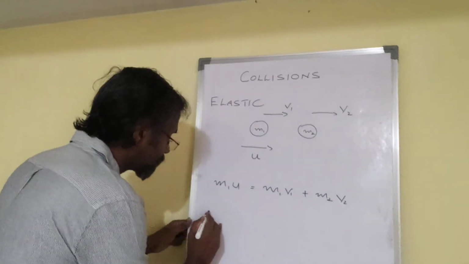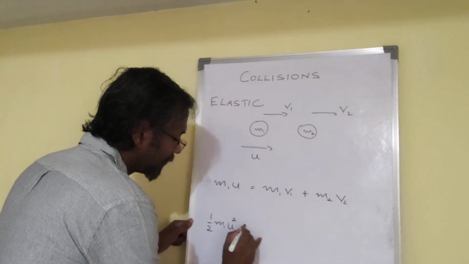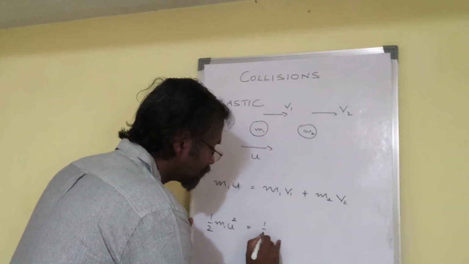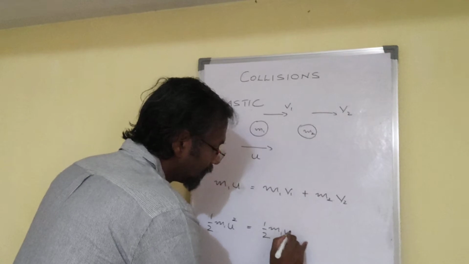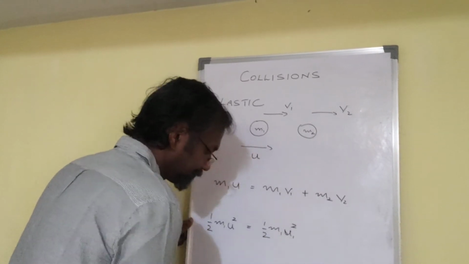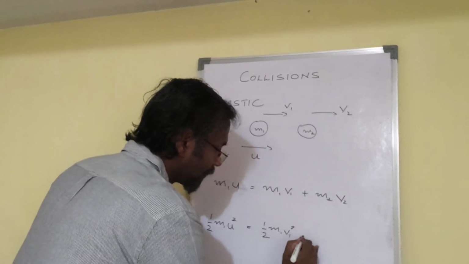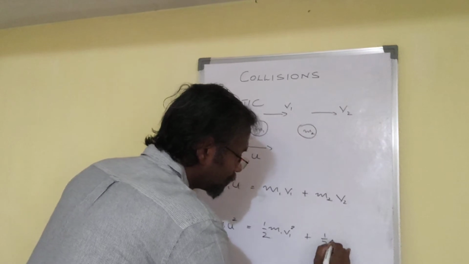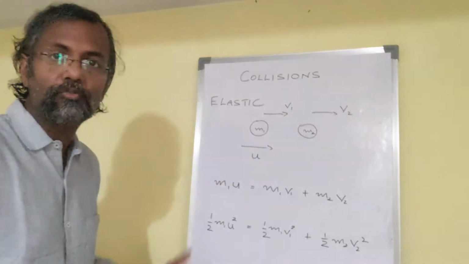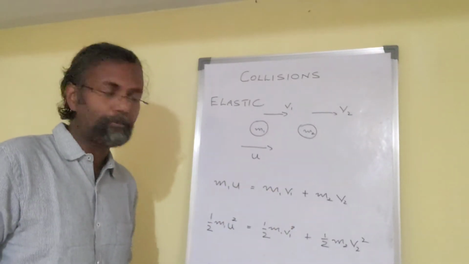So if I write the equation, you get 1/2 m1 u squared, the kinetic energy before the collision, is equal to the kinetic energy after the collision, which is 1/2 m1 v1 squared plus 1/2 m2 v2 squared. So these are the two equations which will come out.